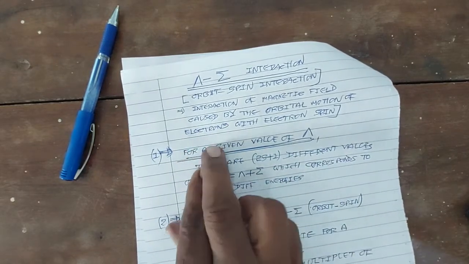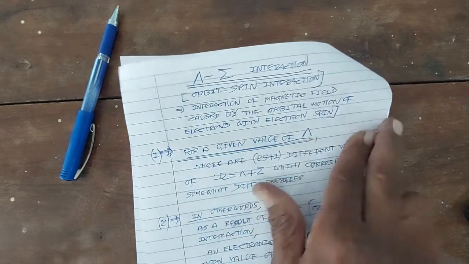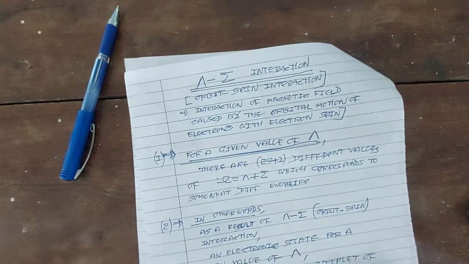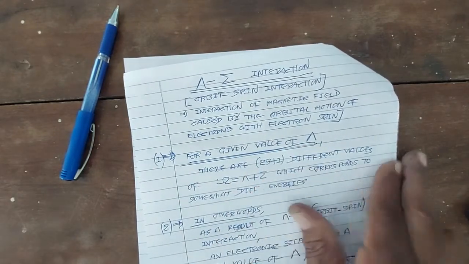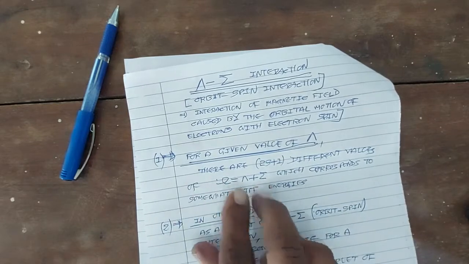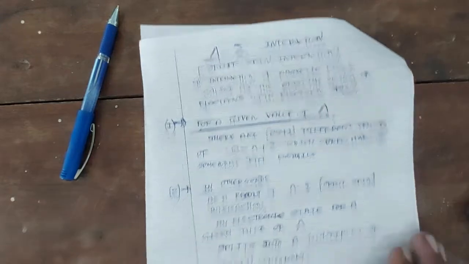So point number one: for a given value of quantum number lambda, there are 2S plus 1 different values of total quantum number omega, which is lambda plus sigma, corresponding to different energies, right?